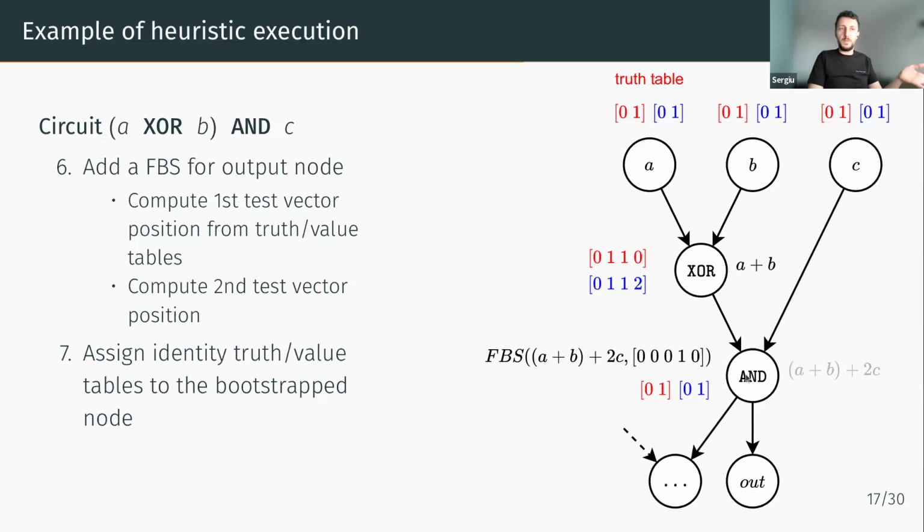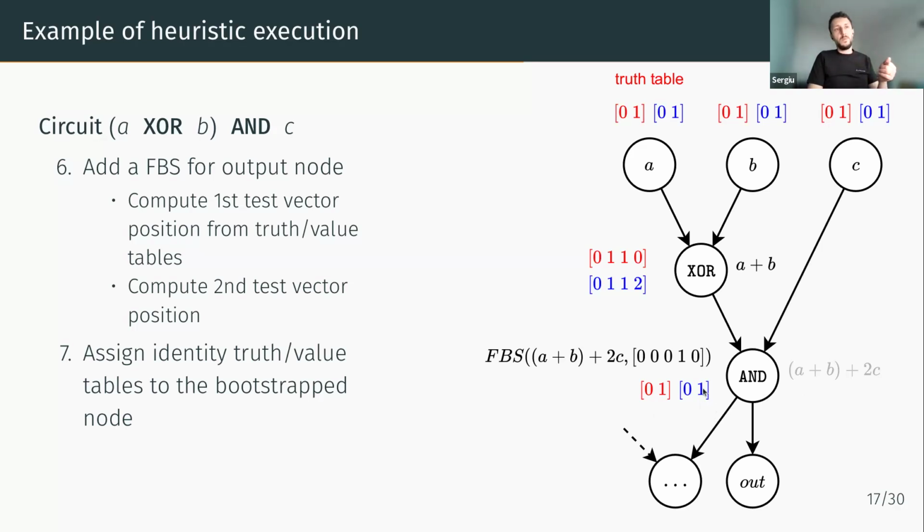We already bootstrapped this node. So why use a large value in the truth table, if we can use an identity truth table, because node n is bootstrapped and it has 0, 1 values.